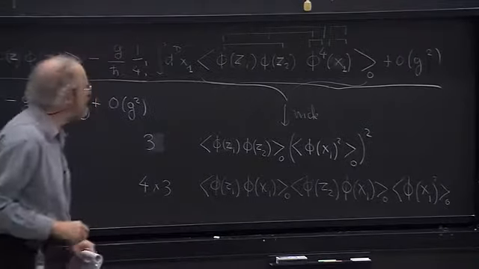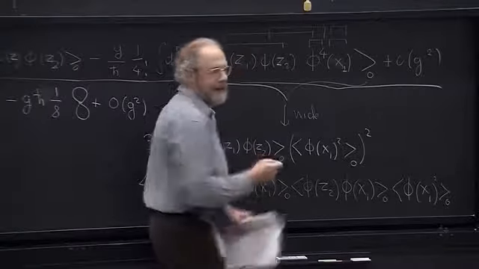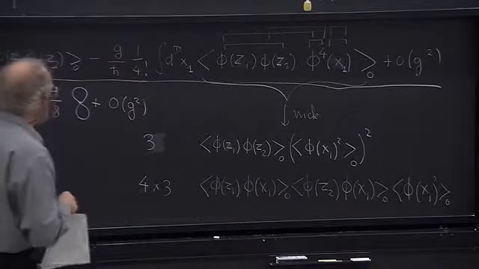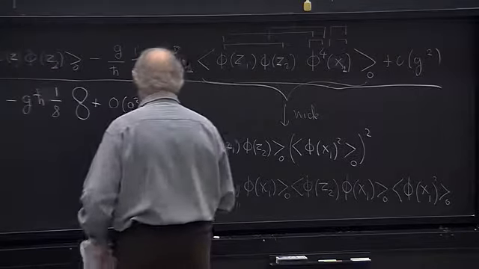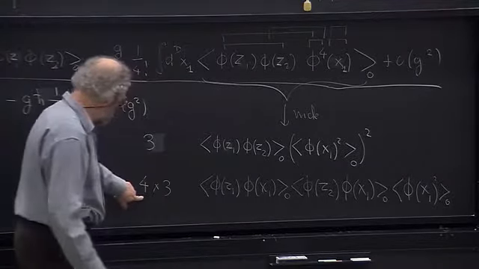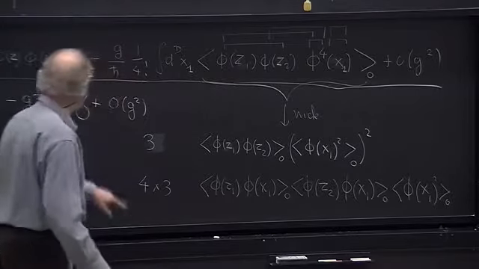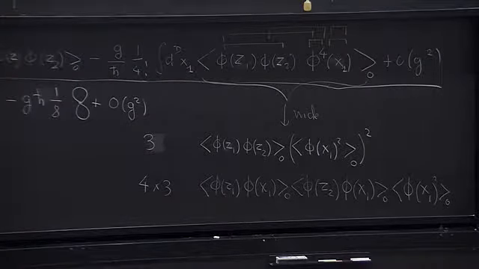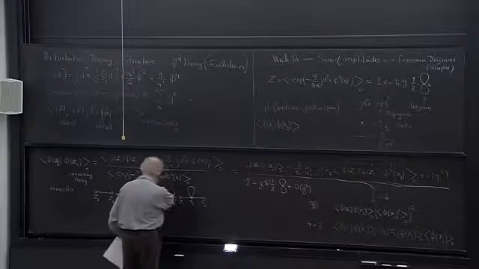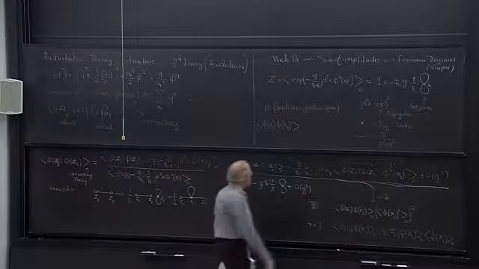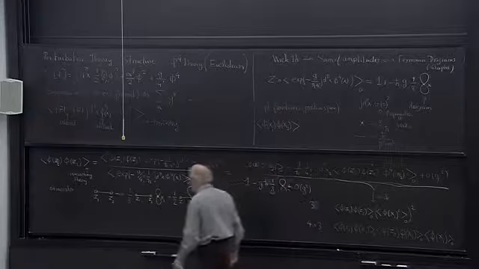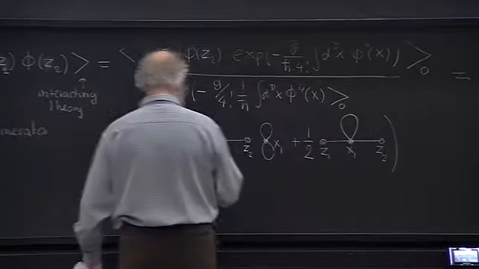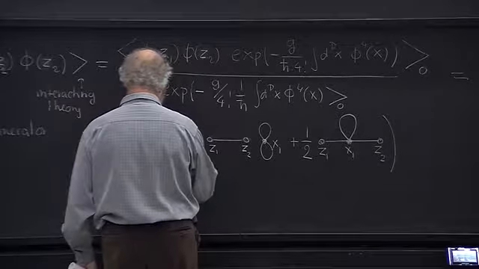And that's it. Because then you have just a pair of phi of x1 that remains, and you can only connect them in one way. So for this one, you have a factor 4 times 3 divided by 24, which is 1/2. Okay? And in addition, you have the factor minus g in front of this.